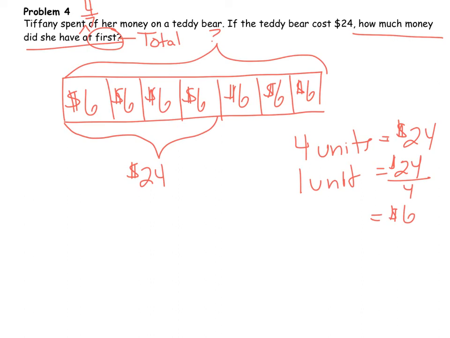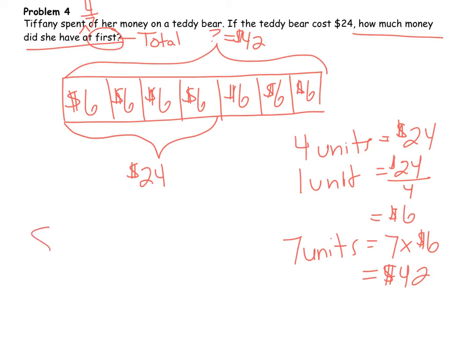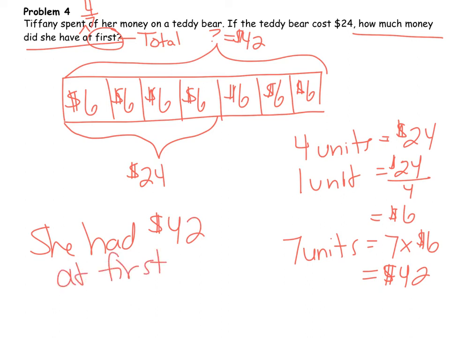Well, if I have 7 units, it must be 7 times $6, which just happens to be $42. So my total is $42. So she had, let's put an answer statement, $42 at first. Make sure you showed all your work.